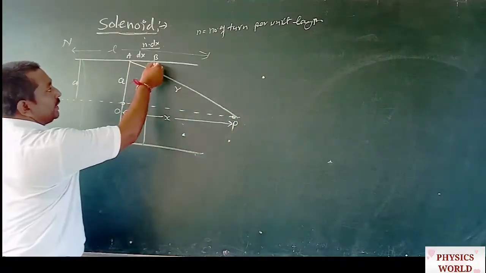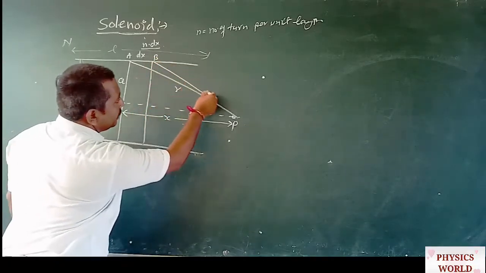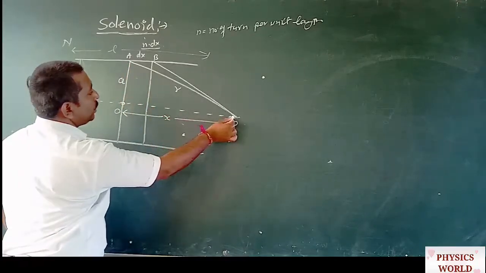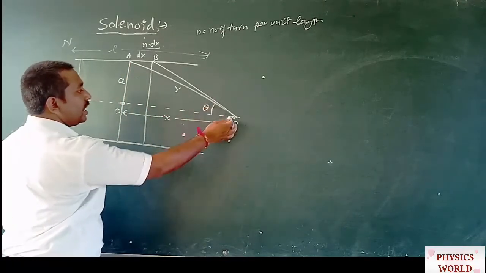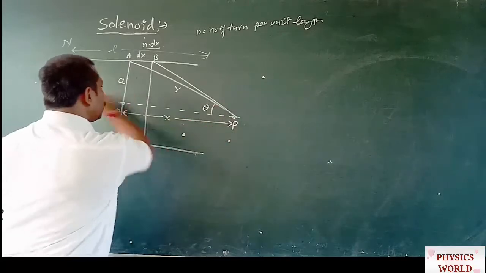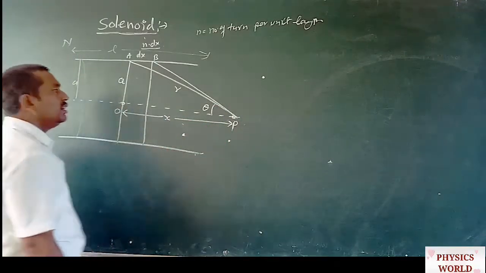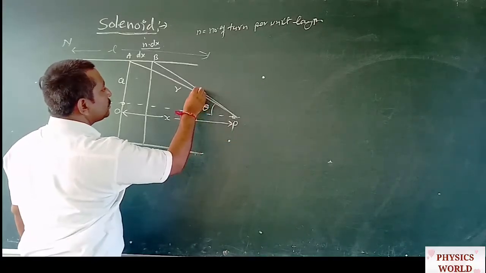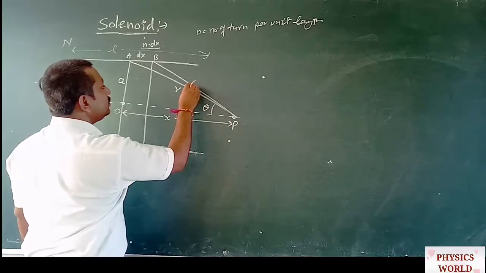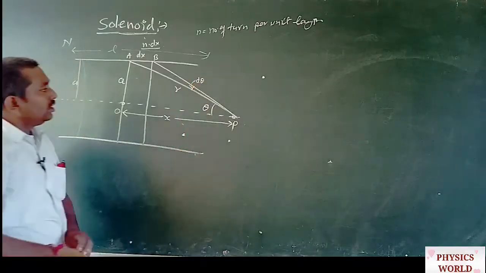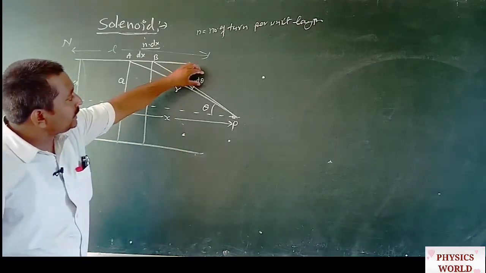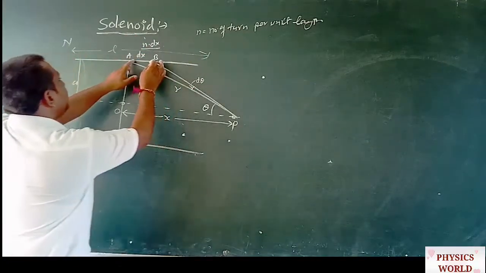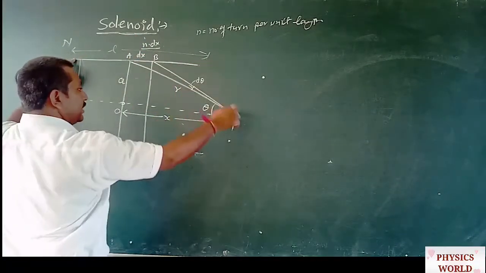Okay, then if we join B to P, we can see that the line joining P to A forms an angle theta with the axis of the solenoid, and if the line joining B to P forms an angle d theta, this is d theta, then what will be the total angle made by the total width of this solenoid at this point?